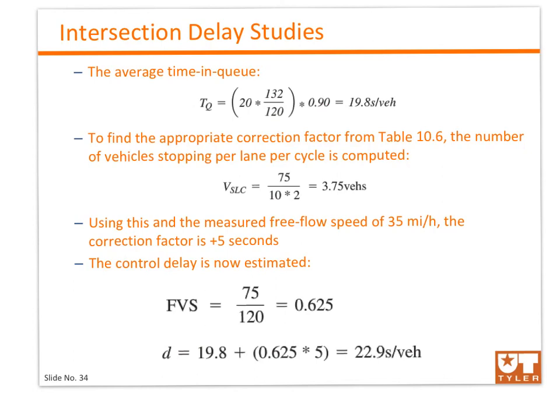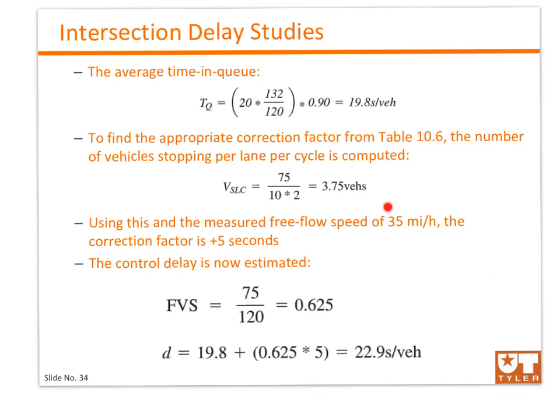What are these numbers? 75 is the V stop, the total number of stopping vehicles, over 10 times 2. 10 was NC, the number of cycles included in the survey, times NL, which is 2, the number of lanes in the survey lane group. So we had 2 lanes and 10 cycles, and the 75 again was the V stop.